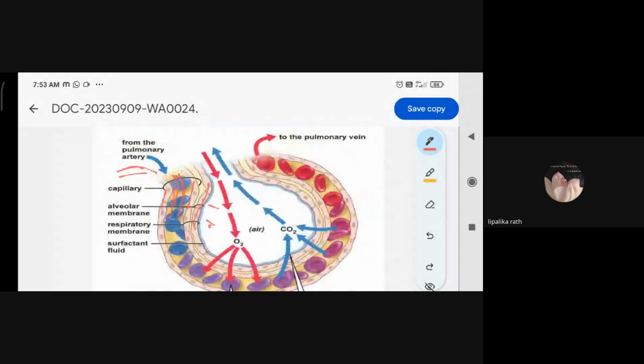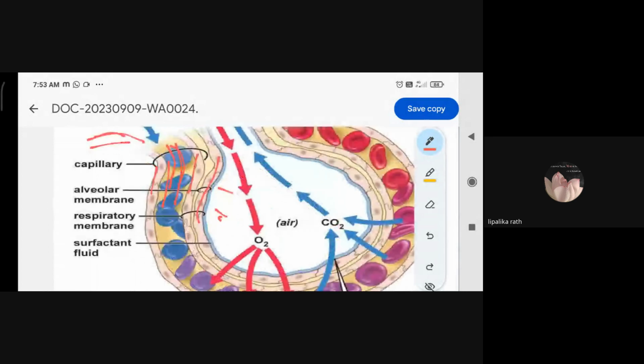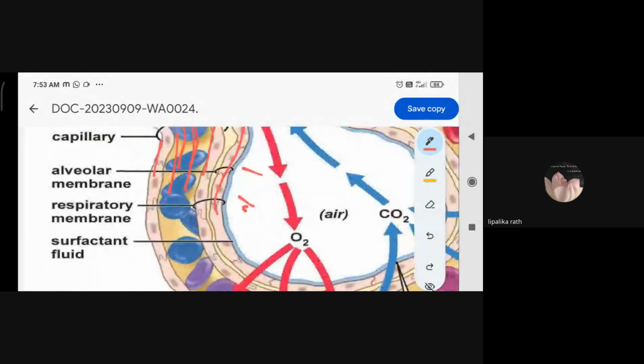You can see the red blood cells are getting oxygenated, and they are turning into pure red. In detail, you can see this is the capillary and this is the alveolar membrane.